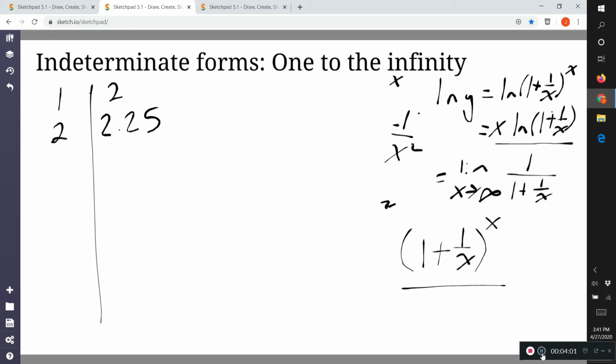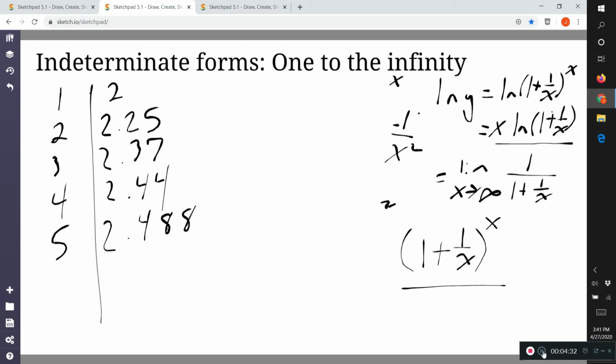If we plug 3 in, we get 1 plus 1 third, which is 4 over 3, to the third power, would be 2.37. If we do 4, we get 2.44. If we do 5, we get 2.488. And this is going to keep going.